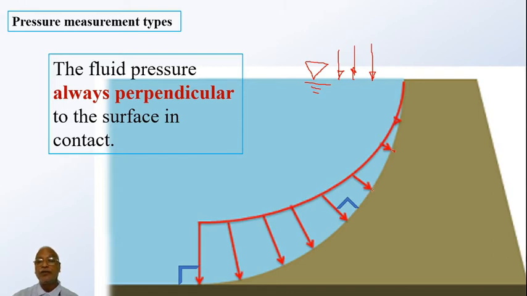As you go down, the pressure is increasing. As the depth increases, the pressure increases. And the point to be observed here is that the direction of the pressure on the surface is perpendicular. That is what you can make out here.